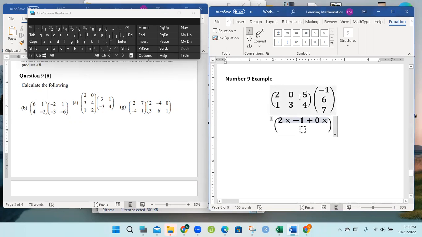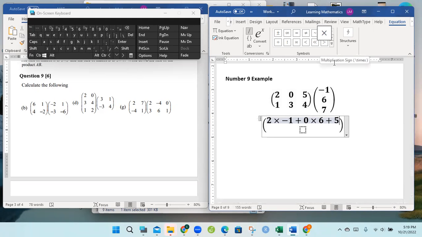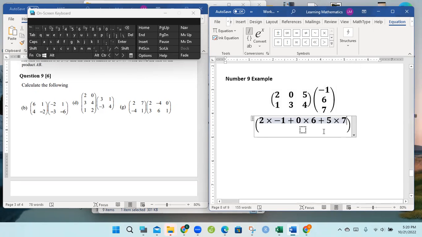We're going across and coming down. So it's 0 times 6, plus the 5 times the 7, to get one number.